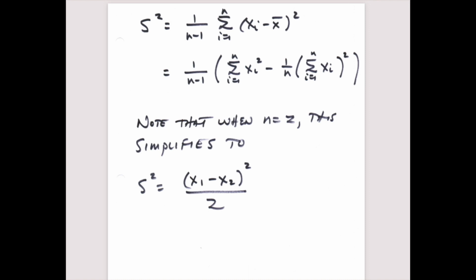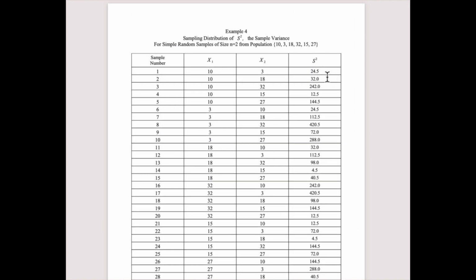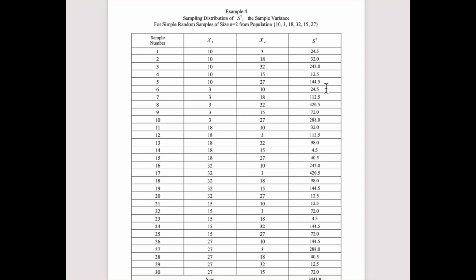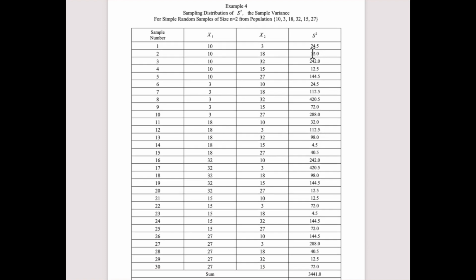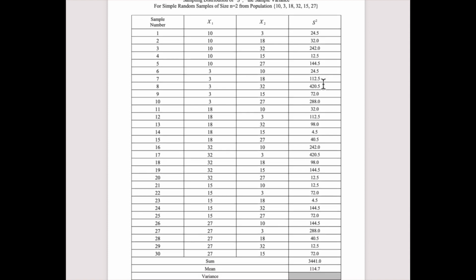When we do that, we get these values for the sample variance for all 30 samples, and you can see those values there. Go ahead and do this exercise yourself just to make sure that you get the same values.